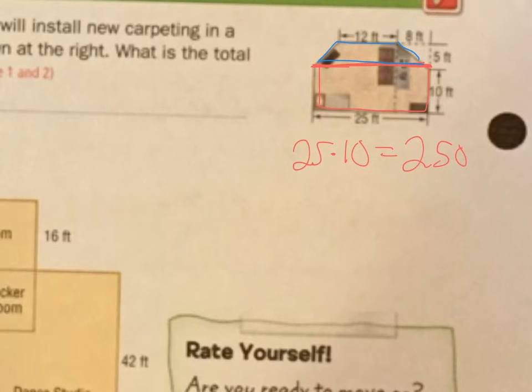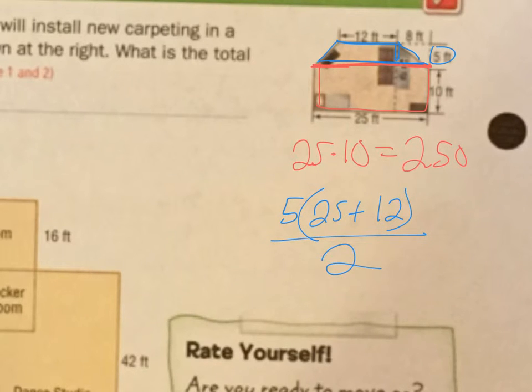Now let's do this little trapezoid here that goes all the way here and then this way. Now we see that the height from here to here is this 5 feet. So it's 5 times my two bases, the 25 plus this other base is 12, and then I'm going to divide that in half. Okay, 25 plus 12 is 37 times 5 divided by 2.